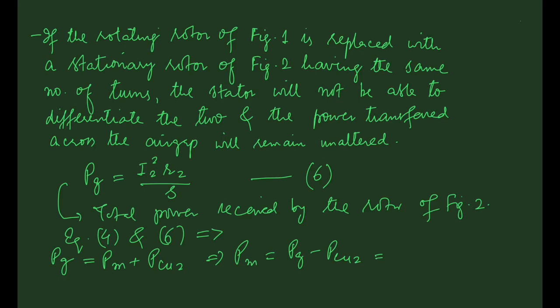If we put in the values, we'll have I2 square R2 by S using equation 6, minus the rotor copper loss, which is given by I2 square R2. This can further be written as Pm equal to I2 square R2 into 1 upon S minus 1. Let's number this as equation 7.